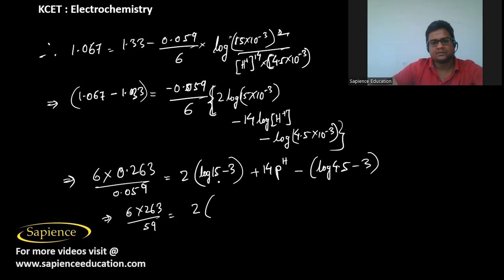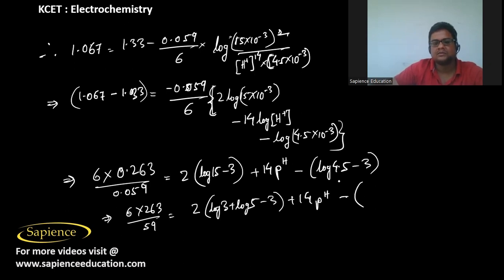Log 15 is log 3 plus log 5, minus 3 plus 14 pH, and this will be 4.5. 15 3s are 45, and 5 9s are 45.